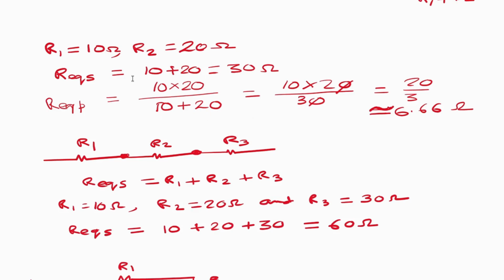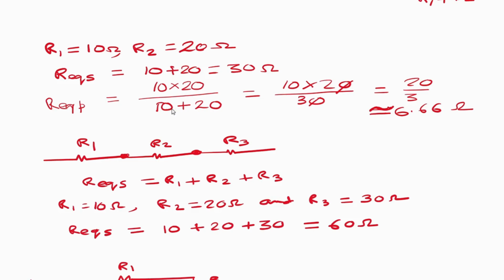So what will be the parallel combination? R eq P, that means parallel combination. The numerator is the product, that means 10 into 20, and the denominator will be 10 plus 20.